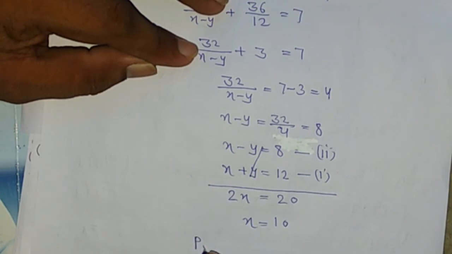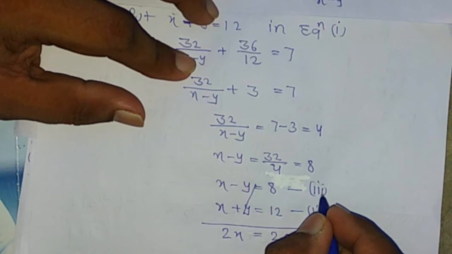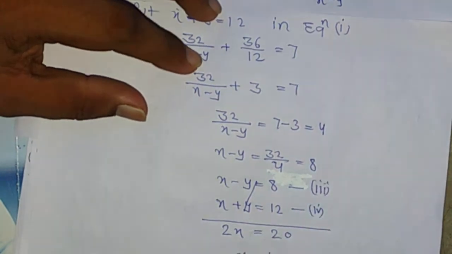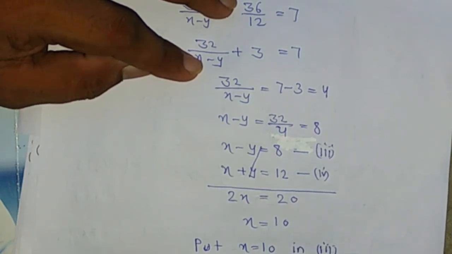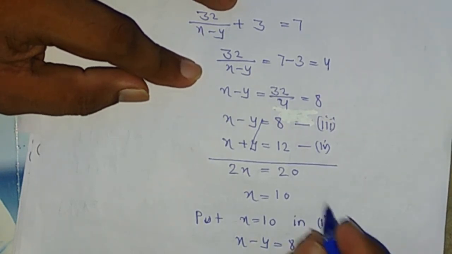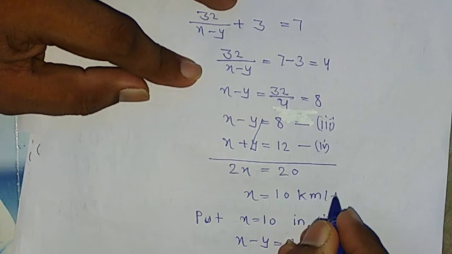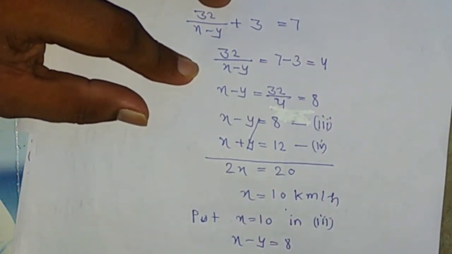Put x equals 10 in equation 3. We have x minus y equals 8, and 10 minus y equals 8. Value of y is 2. Then x is 10 kilometer per hour, the speed of the boat in still water, and the speed of the stream is 2 kilometer per hour, and it is the answer.